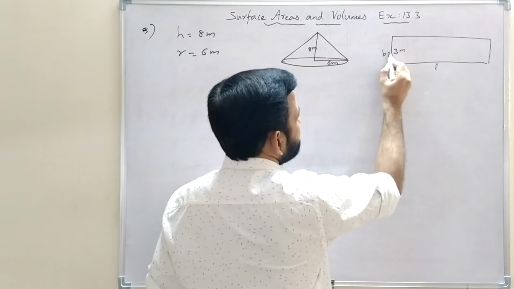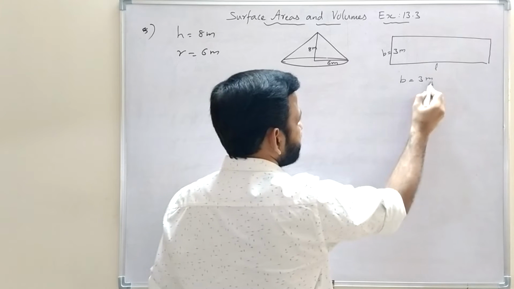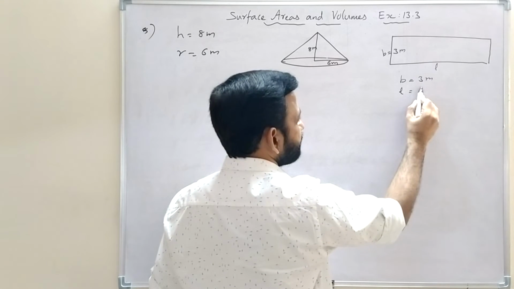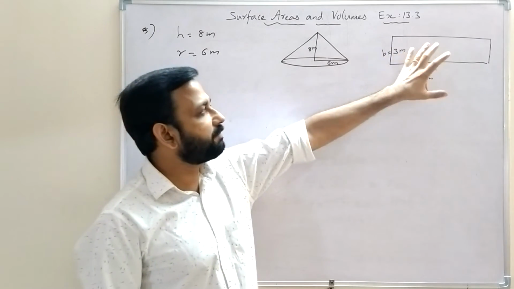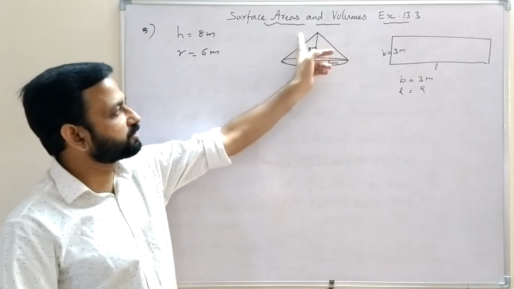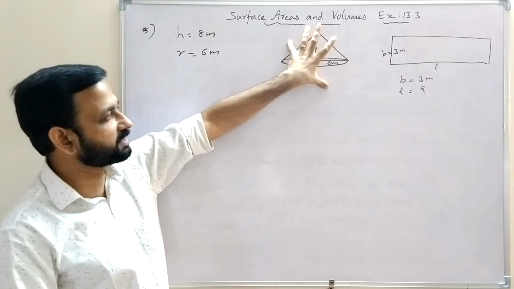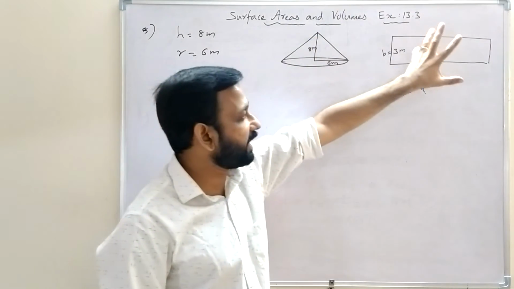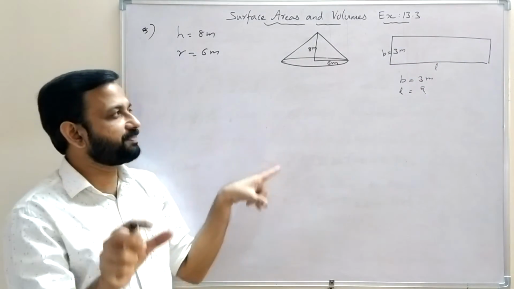So here breadth B is equal to 3 meter. Then we need to find the length of the tarpaulin. So that is our question. And here area of tarpaulin used is the curved surface area of the cone, and that area is equal to the area of the tarpaulin in the rectangle sheet.